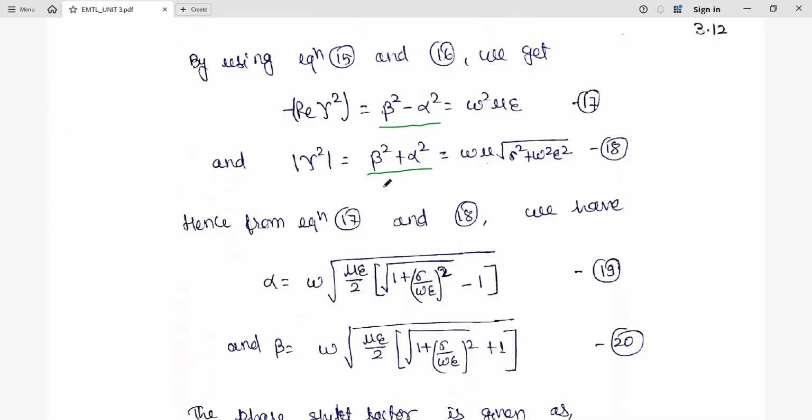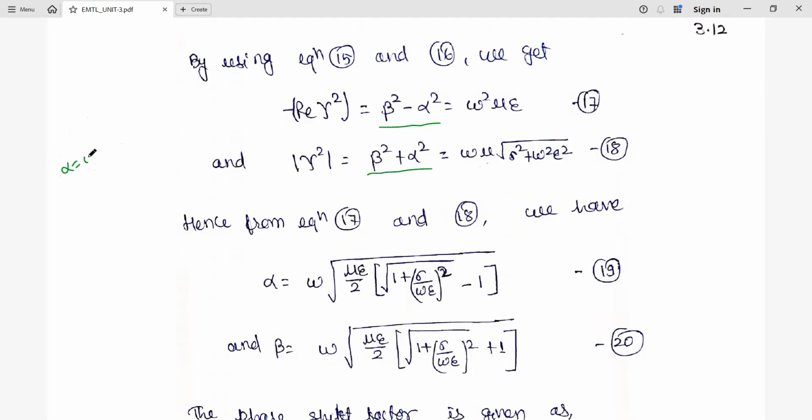So now if you add these two equations, alpha square will be cancelled, and we can get the value of beta. In a similar way, if you put the value of beta, you will get the value of alpha from any one equation, either 17 or 18. So finally, here are the equations for alpha and beta, which even after you derive them, you need to remember for numerical purposes.